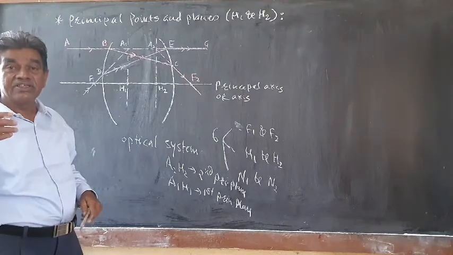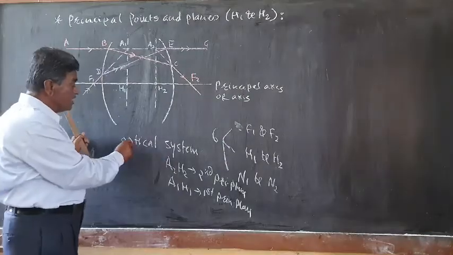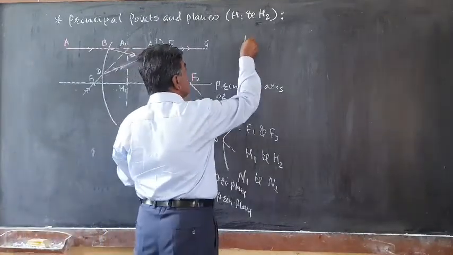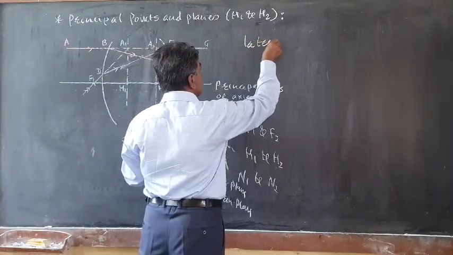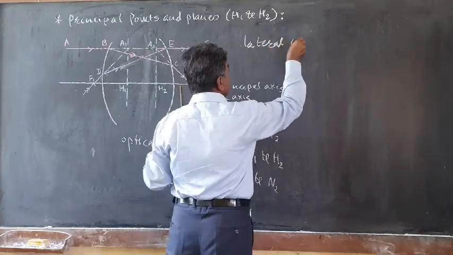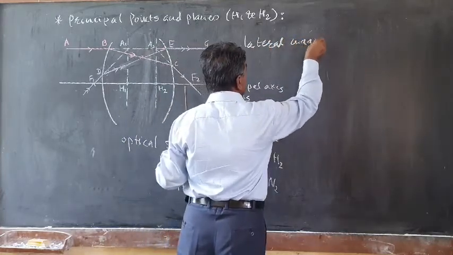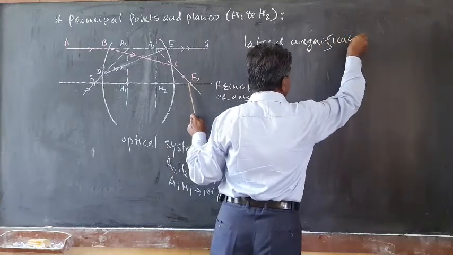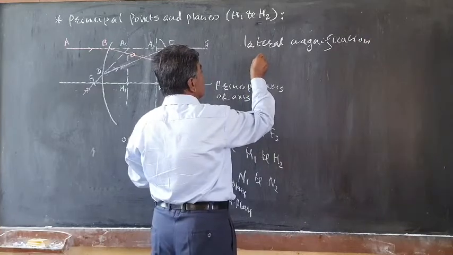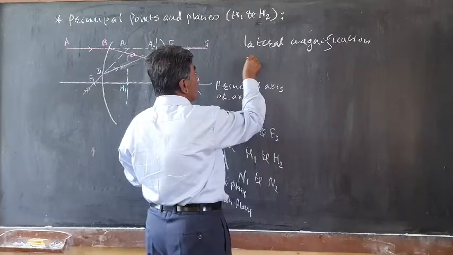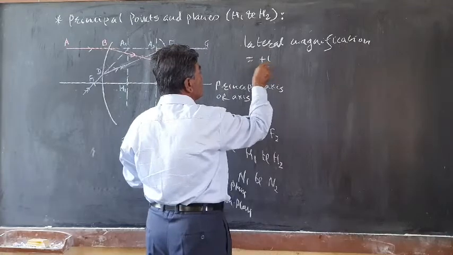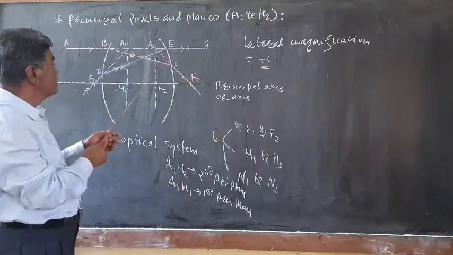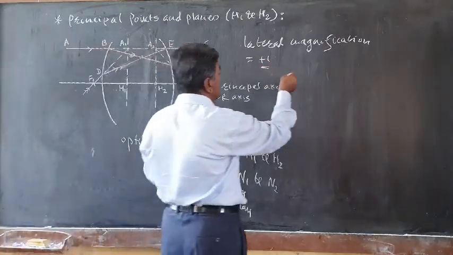So we can define H1 and H2, the principal points, as the points on the axis such that the optical system has unit positive lateral magnification, that is, lateral magnification equal to 1.